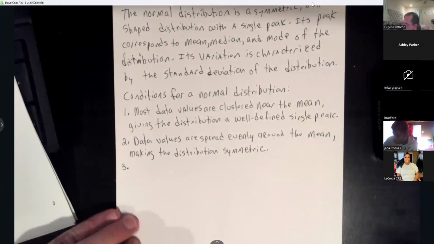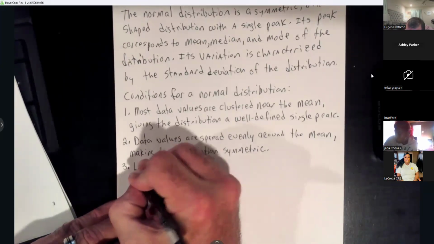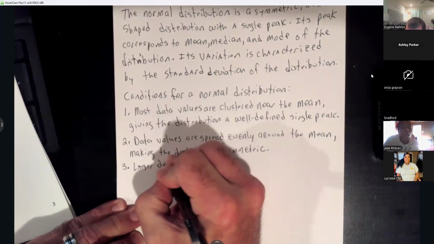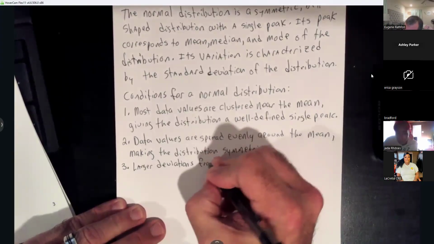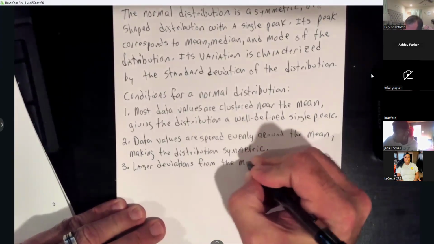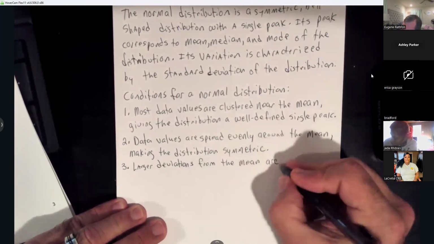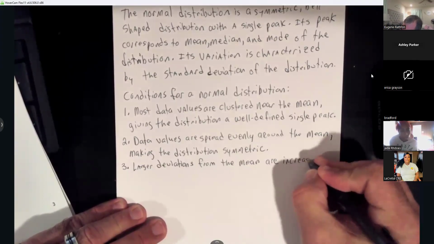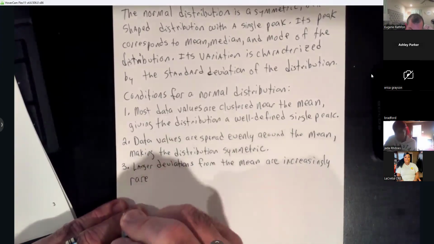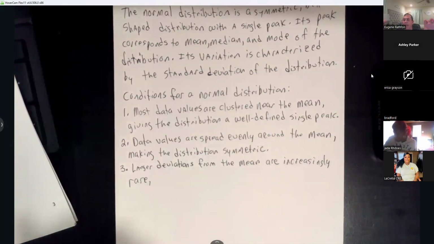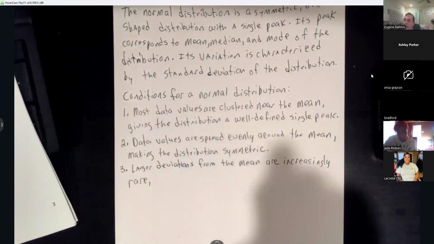All right, y'all, the third criteria. Larger deviations from the mean are increasingly rare. So what we're saying, the further I get away from that average, the further I go, the values are less common.